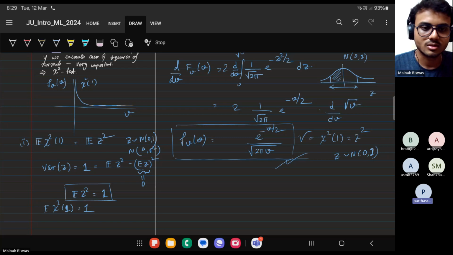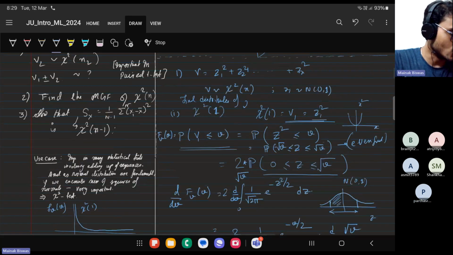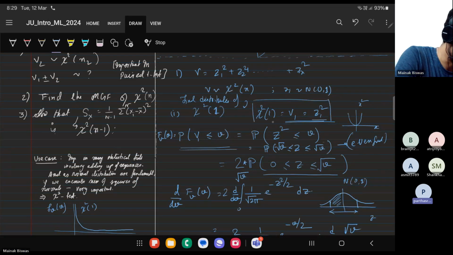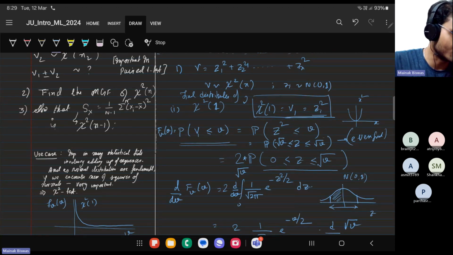I have done only the expected value of chi-square 1. For those who have joined late, chi-square 1 is Z square. Now we found the distribution of that.